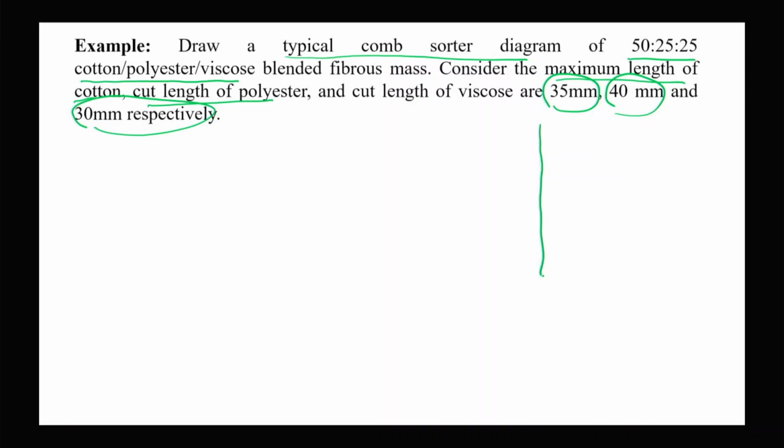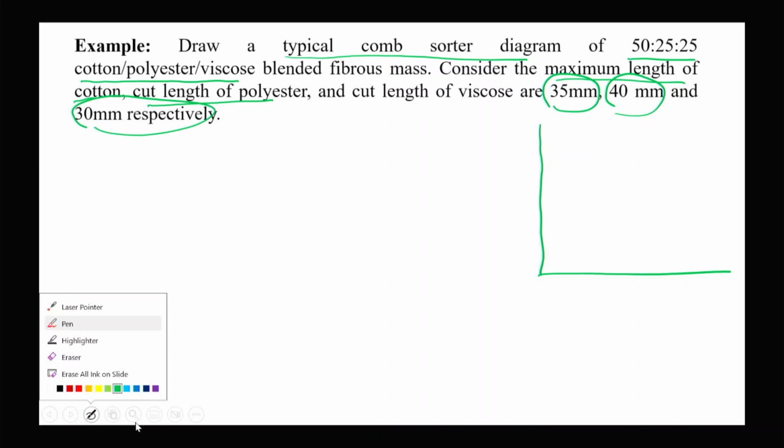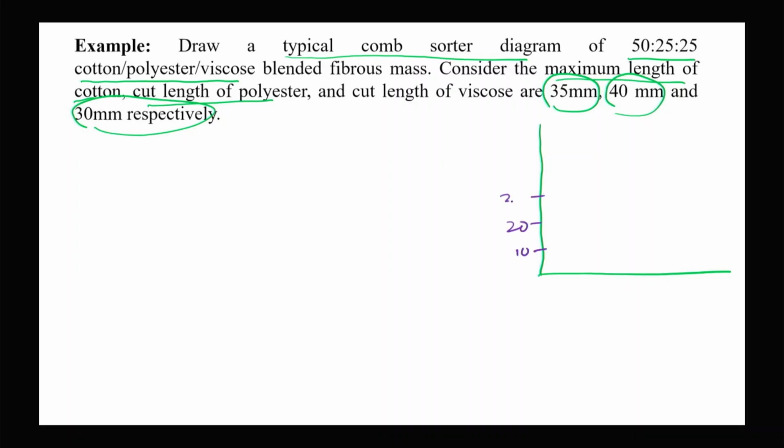So, again try to draw the individual curves. 10, 20, 30, 40. Viscose, if we draw, it is 30 mm. This is the viscose curve, individual viscose.